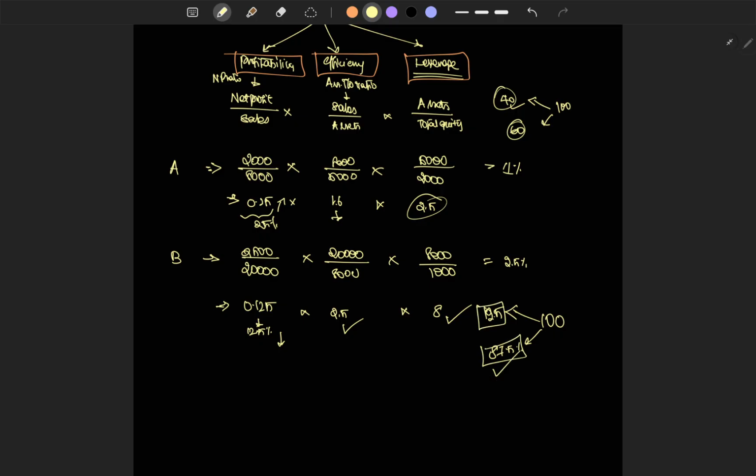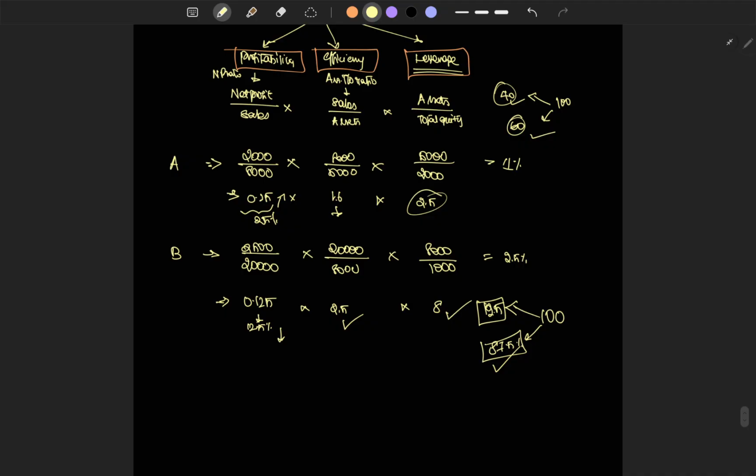So company B is utilizing more debt, but company A is utilizing less debt. Less debt usage also makes the company seem less risky from the investors' perspective. So obviously investors will go with company A, even though its ROE is less. Company B has high leverage, so they won't go with that company.